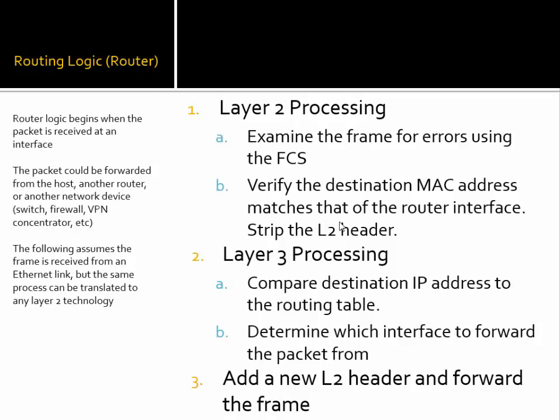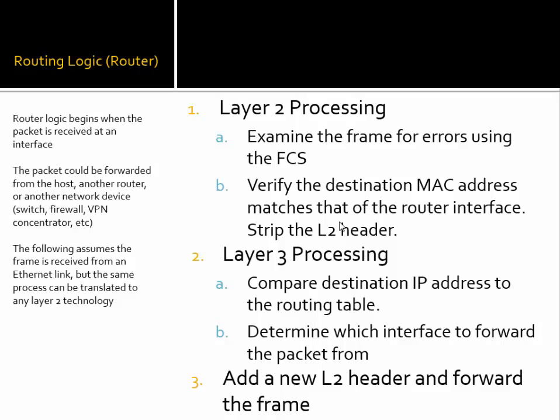The router now takes that same frame and again computes the frame check sequence and compares the results from its computation to the frame check sequence it received with the frame. If they match, then it recognizes that there are no errors with the frame and processes the IP packet.